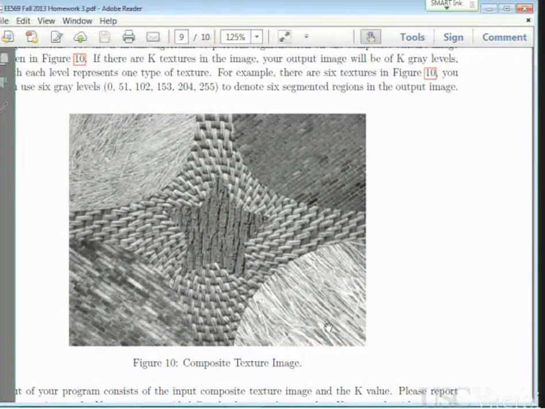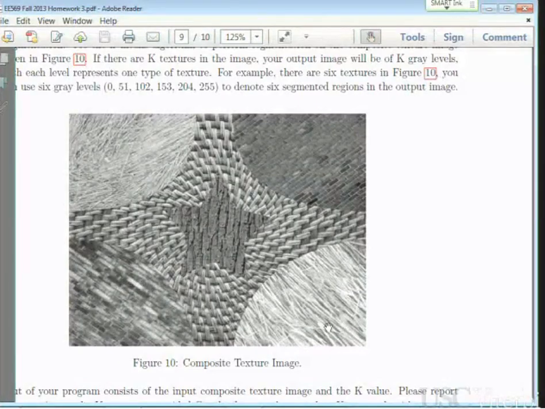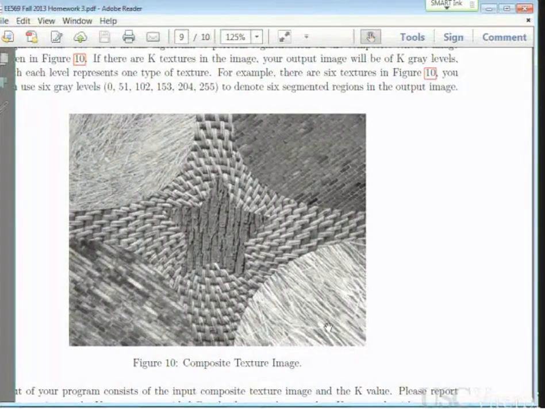Laws' method is the microstructure method, because he checked the microstructure of the local neighborhood of a pixel. So what's the microstructure?